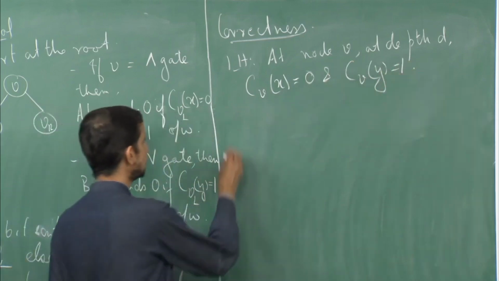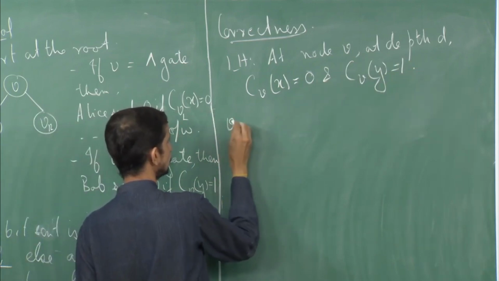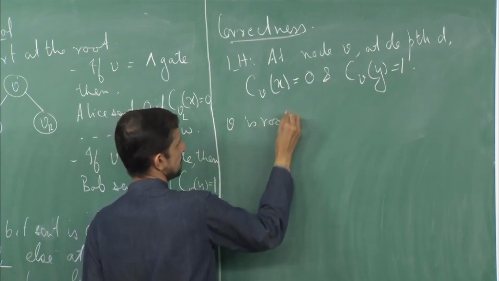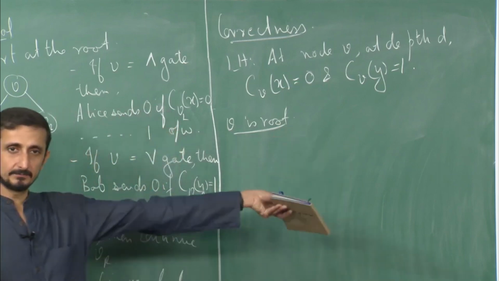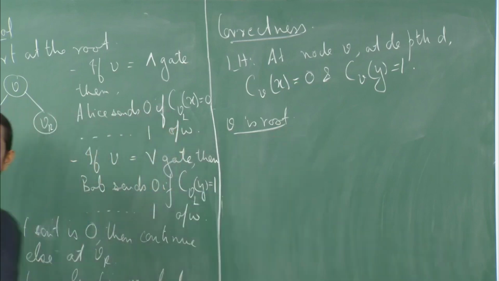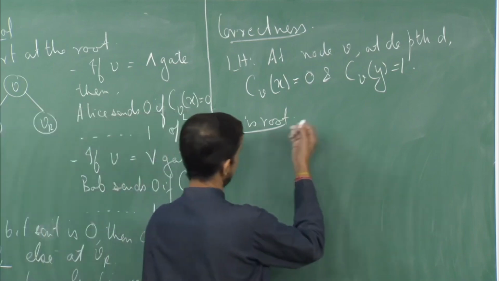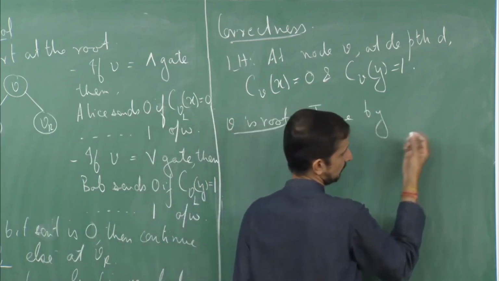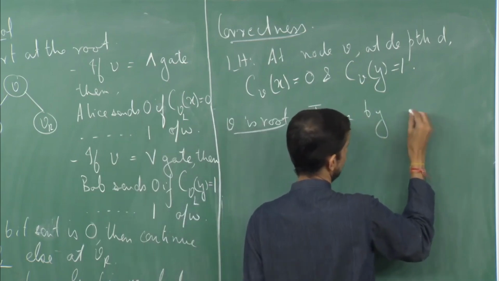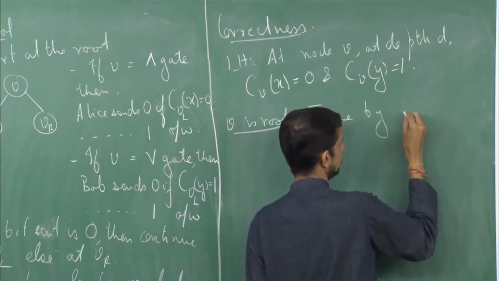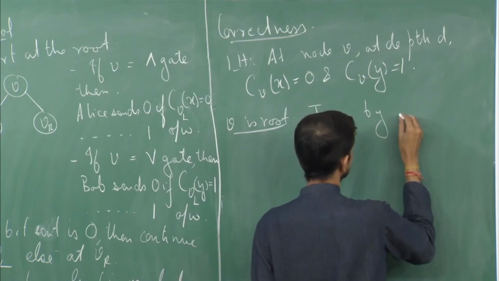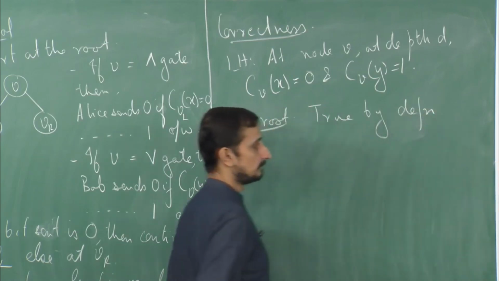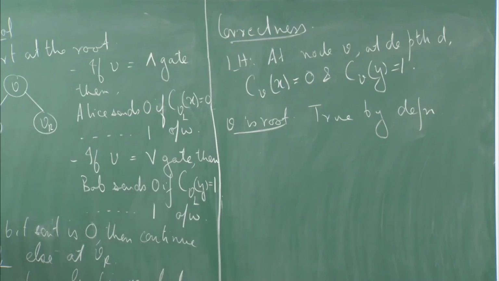Okay. So if V is the root node, then this is true by the assumption itself that C of x is not equal to C of y, because f of x is equal to 0 and f of y is equal to 1. So at V, if V is the root, this is true by the definition that we have.